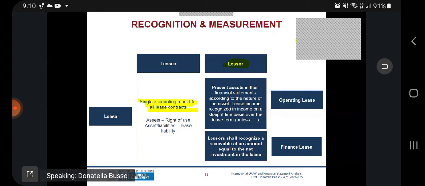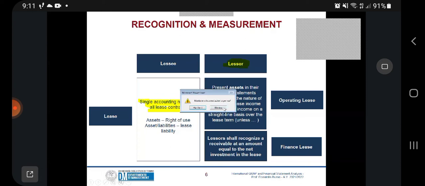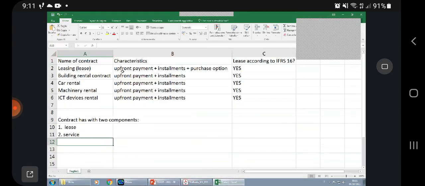And now focus on the lessee. You enter into a contract in order to use an asset, a building or a mobile phone or plant or machinery or whatever, cars. The contract is a lease. So you have just signed the contract. Keep in mind that at the end you need to pay.